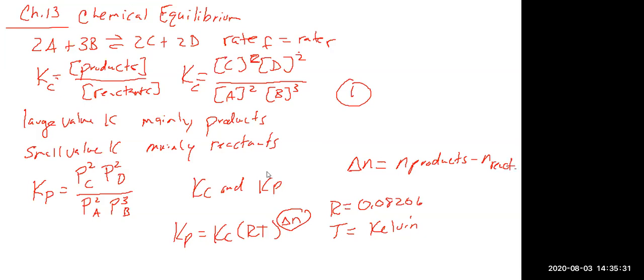And again, it's important to make sure that you actually do products minus reactants, because you may get a negative number like we talked about there. And if you do get a negative number, mathematically speaking, you need to take 1 over that. And that's going to be important if you just decide, oh, the difference is just 1. So again, that was the part where we talked about is really important in terms of the n, that you don't just ignore the negative part of it, because you will get a wrong number.